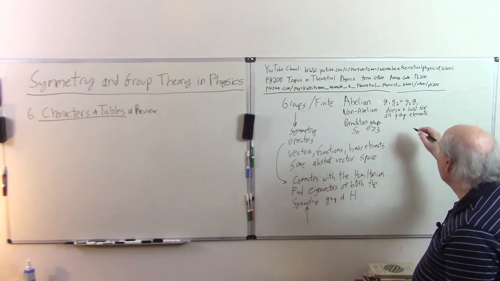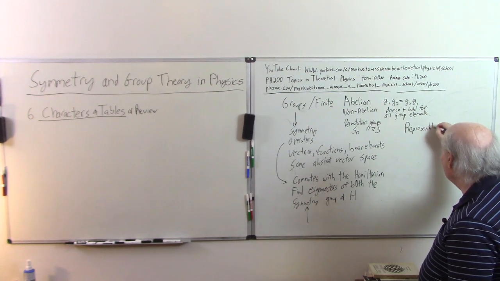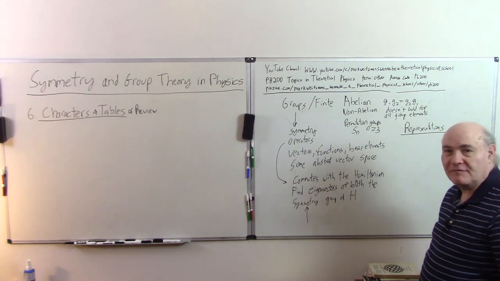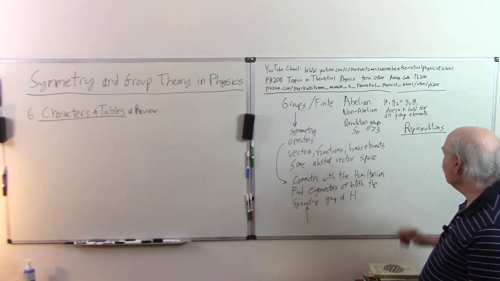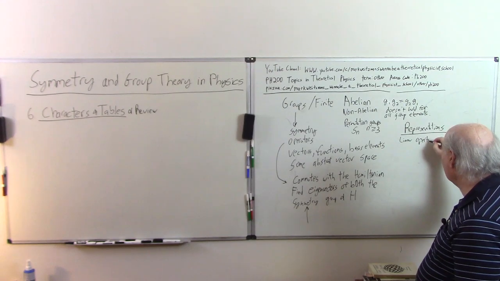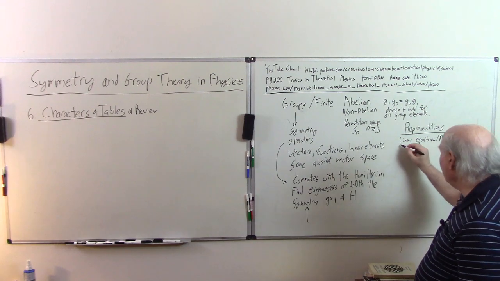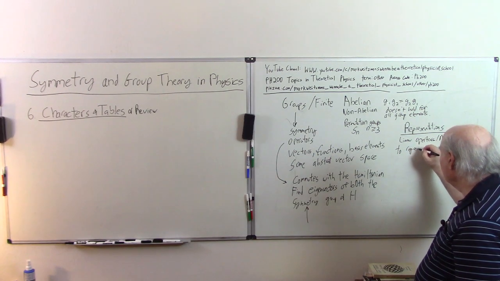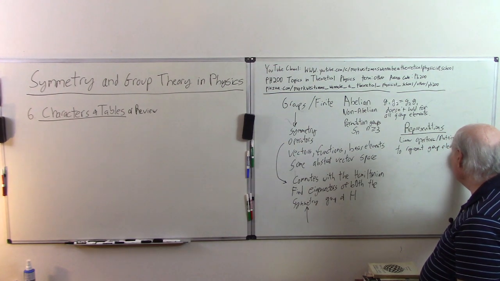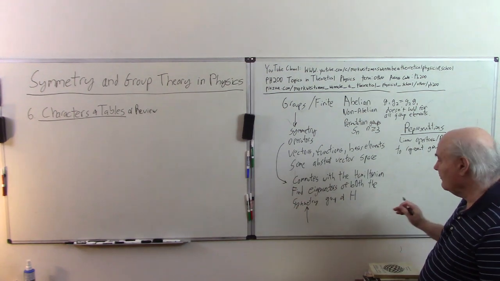Now, the next major thing we talked about was representations. And the important thing about representations is that now we're going to use linear operators or matrices in the case of finite groups to represent the group elements. So we're going to have a bunch of matrices that represent the group elements.